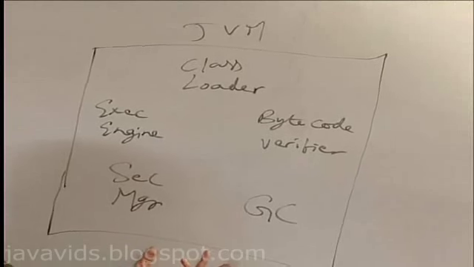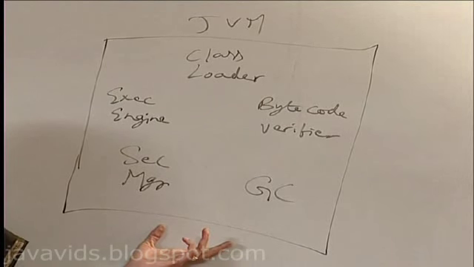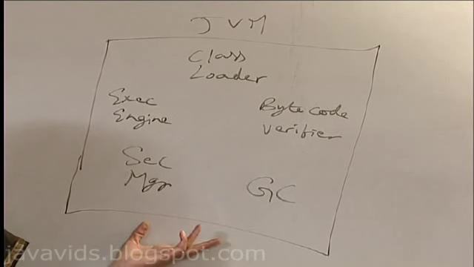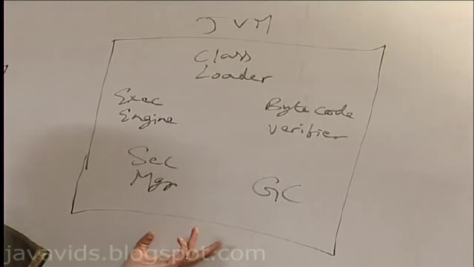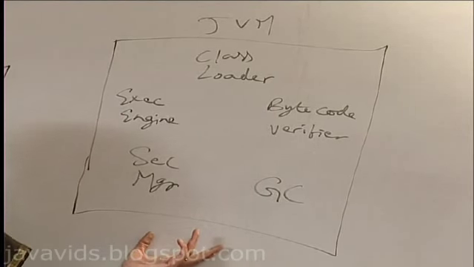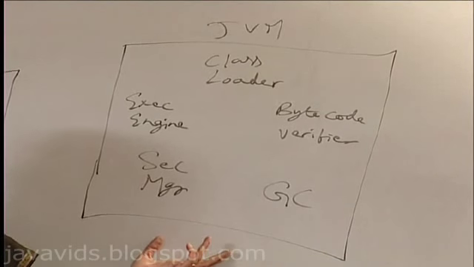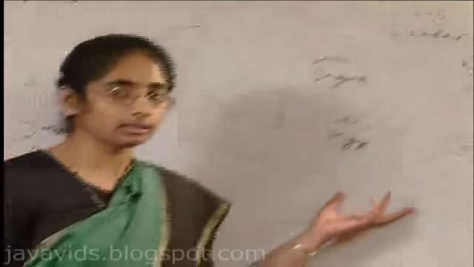Now, when exactly does the JVM execute? In case of an application program, in order to run an application program, we use the Java command. That is when we create an instance of a JVM. Whereas in case of an applet, since an applet runs in a browser, we come across something called an applet tag.